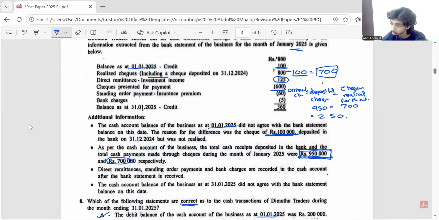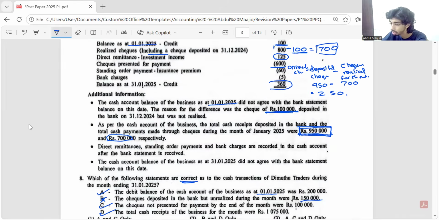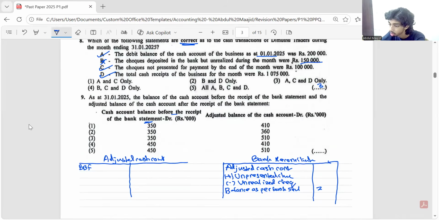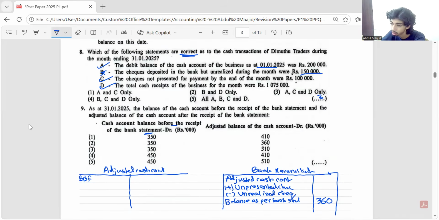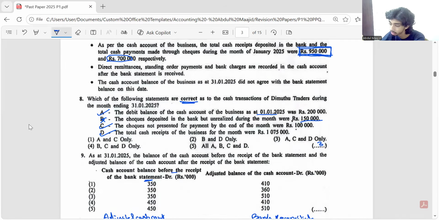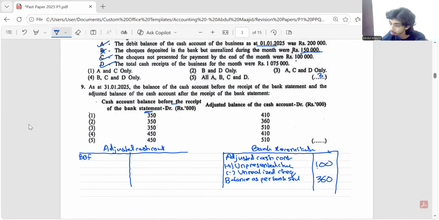The closing balance of the bank statement is 360. Unpresented check we found as 100,000. Unrealized check we found as 250. Then what will be the adjusted cash control? 360, you go reverse, plus 250 minus 100, you will get 510. Then that you will take as the BCD in the adjusted cash account, 510.